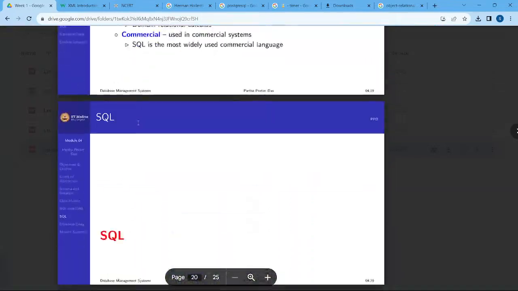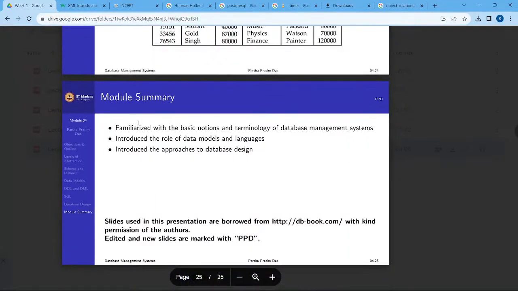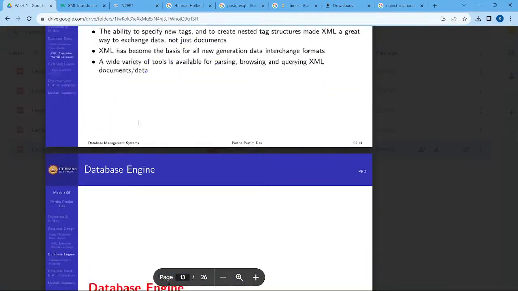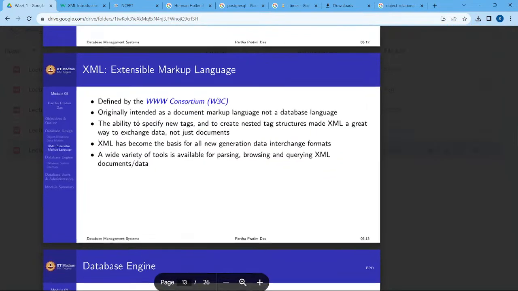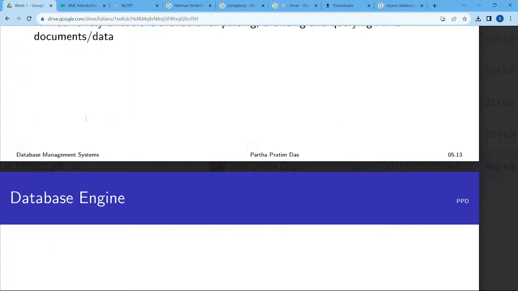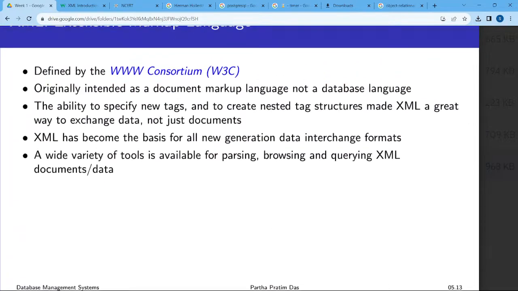Did I just see XML or not? Relation XML, right? Okay, it is not mentioned here, I guess.